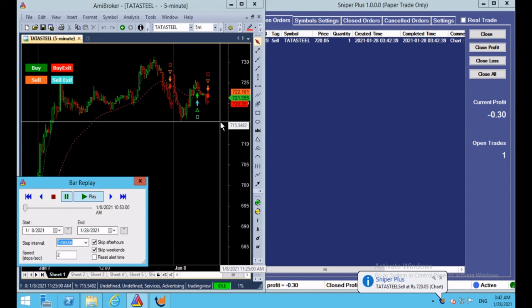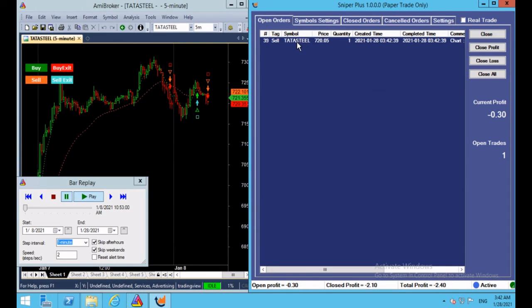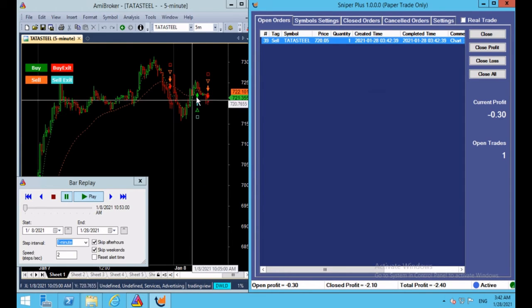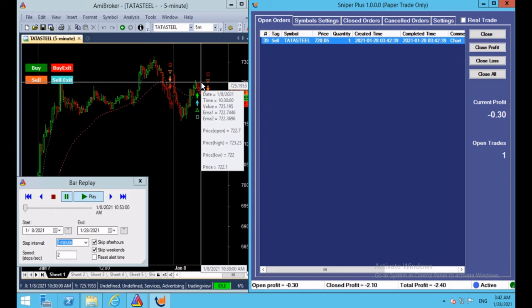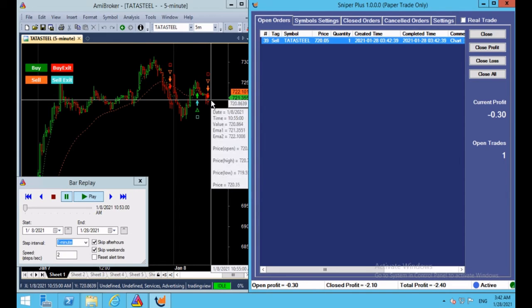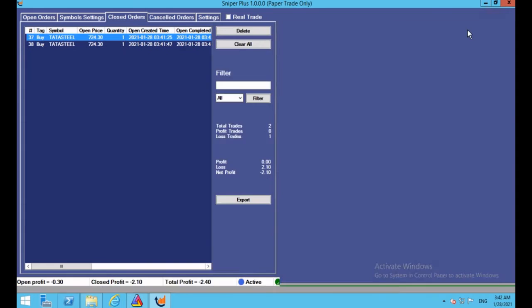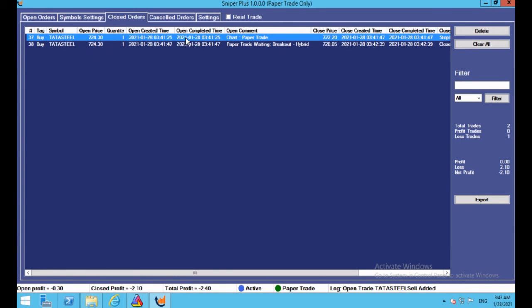Okay, now the trend is still positive, so let us play again. Now we can see we got a sell call, but when the sell call was generated, the buy limit order was there. The trend has changed, so the hybrid buy order has been removed. So we can see first we got a buy call. The second one is a hybrid buy call, and the hybrid buy was removed automatically.